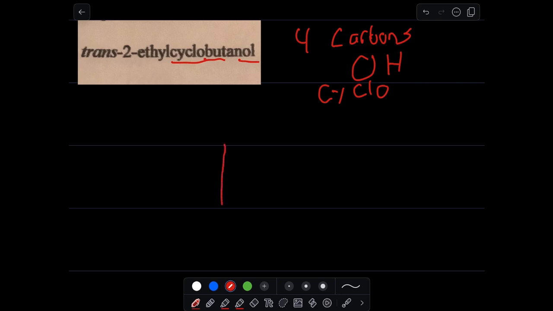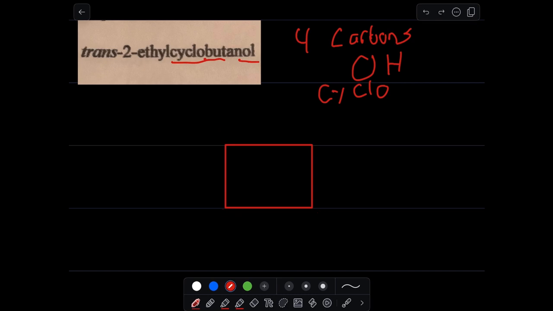So you got 1, 2, 3, 4, like that. So 1, 2, 3, 4 carbons. So each one of these corners represents a carbon. So that's your ring for any type of butane or cyclobutane, or in this case butanol.